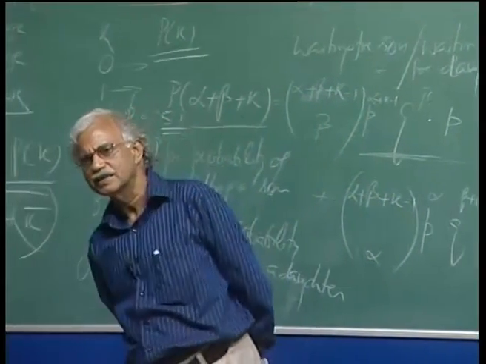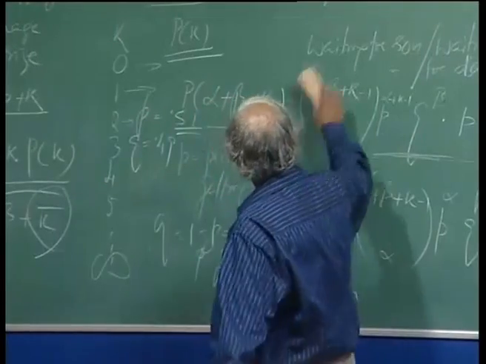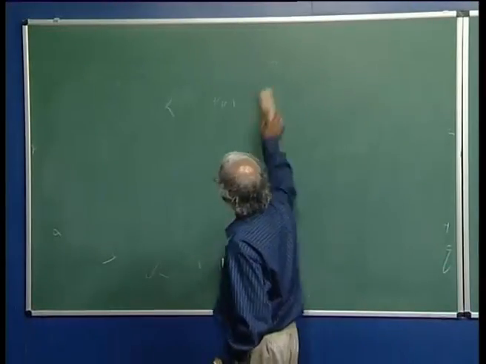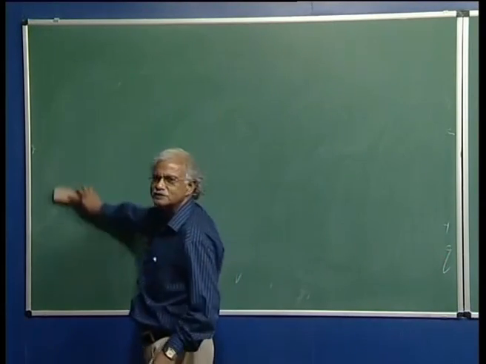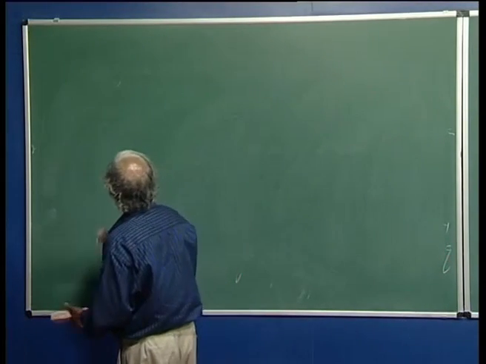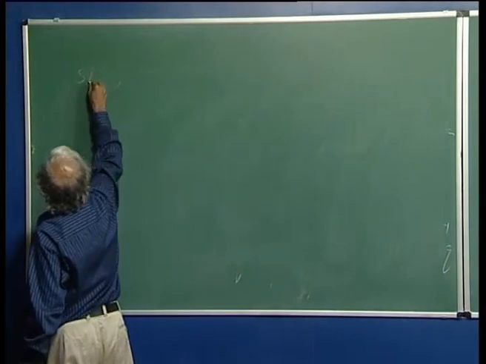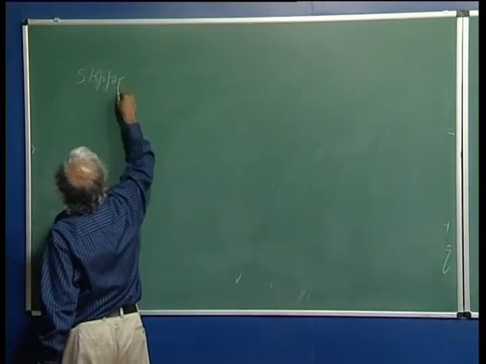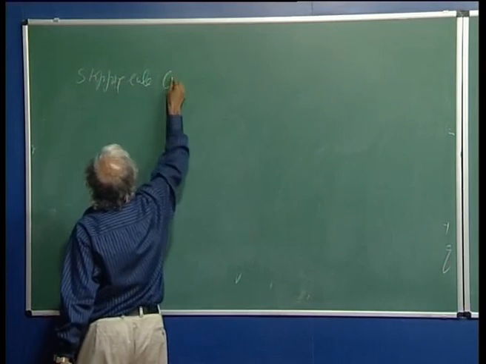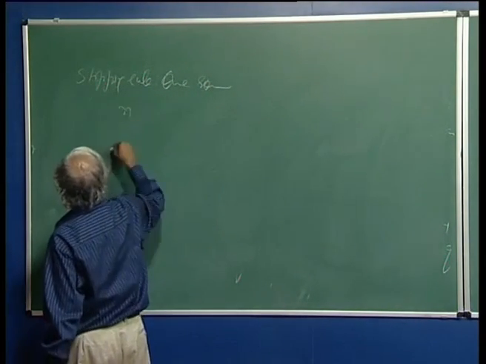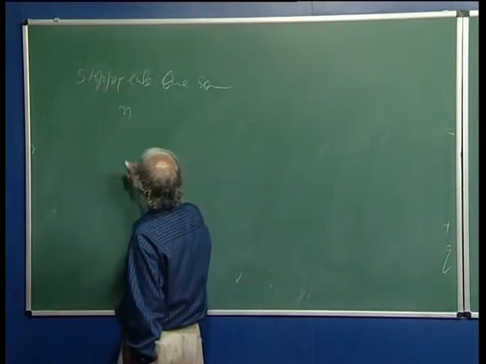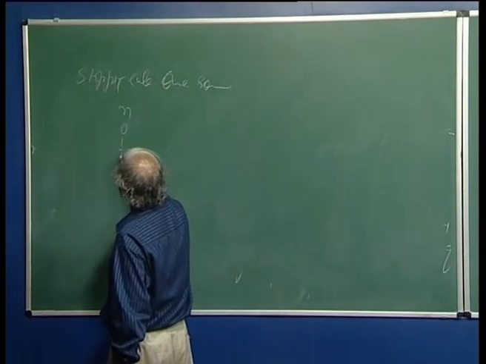If everybody wants a son, that expression will be much simpler, and you can see what will happen if everybody wants a son. What will happen, whether the proportion of sons will increase or the proportion of daughters will increase. Stopping rule: one son. Can you guess, if I write n number of children after which people will stop, it may be 0, 1, 2, 3, 4.